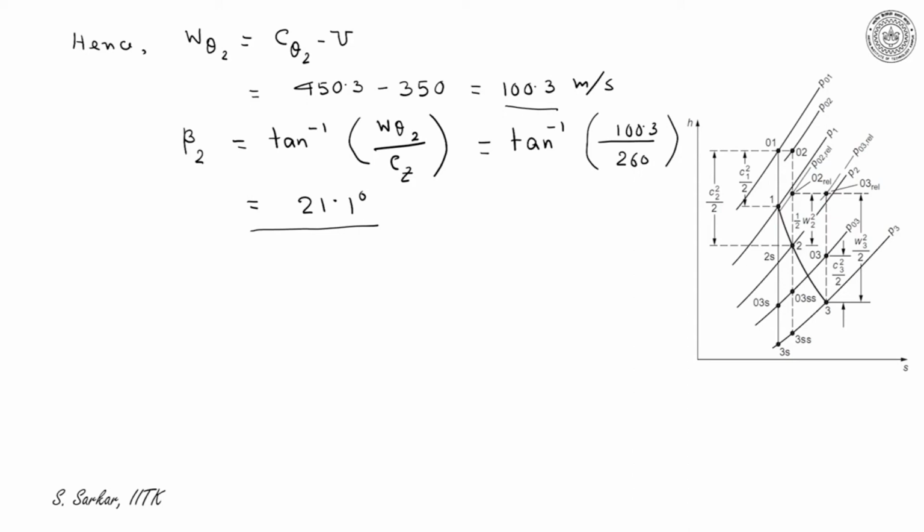Similarly, I can calculate beta 3. So I have projected W theta 3 from the exit velocity triangle as U plus C theta 3, that is 350 plus C theta 3, which I have evaluated as 55.26.